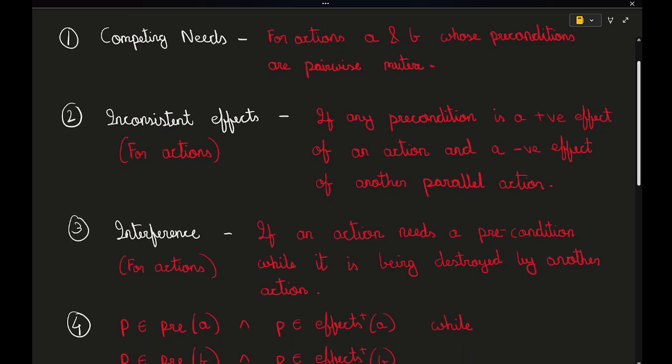When two actions have preconditions that are pairwise mutex. If a precondition is a positive effect of an action and a negative effect of another action, that's inconsistent effects.